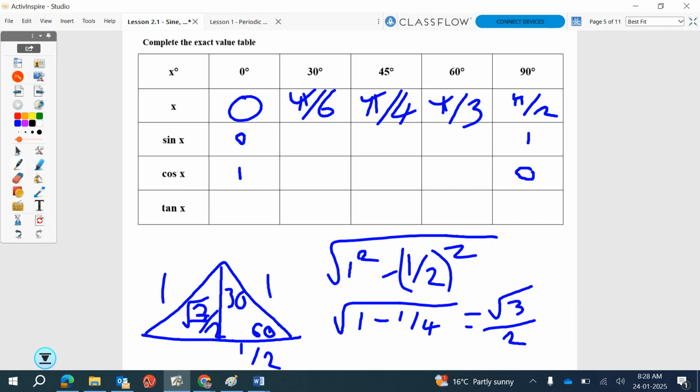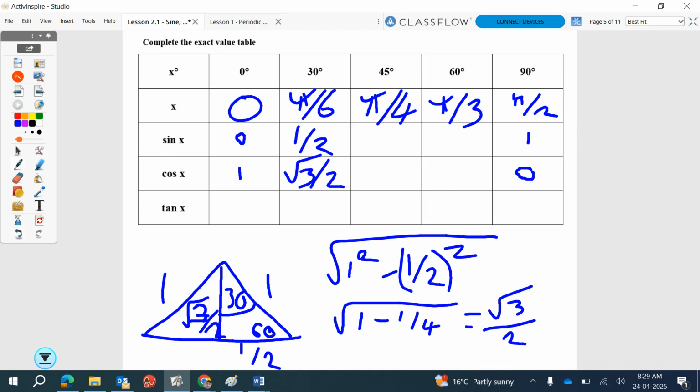Okay, so using the special right triangle here, if we take 30 as being our angle theta, then the opposite is a half. So this one is a half. Using the special right triangle, where 30 is the defined angle, the adjacent is root 3 over 2. We'll do 45 later. So the adjacent is the cosine, root 3 over 2.